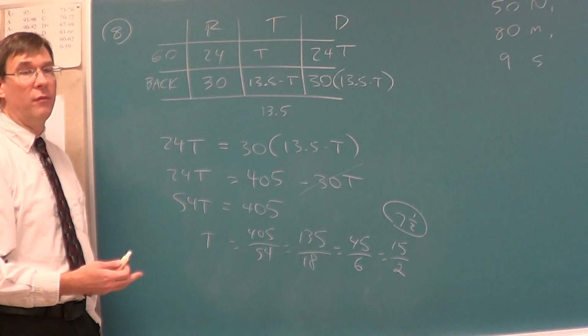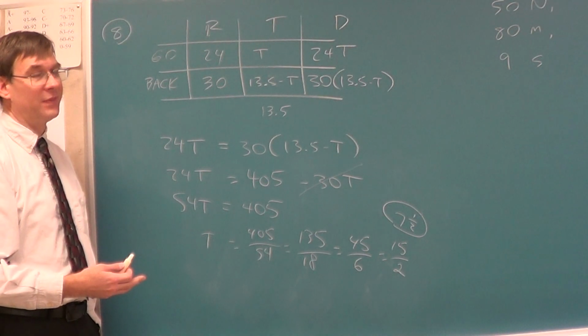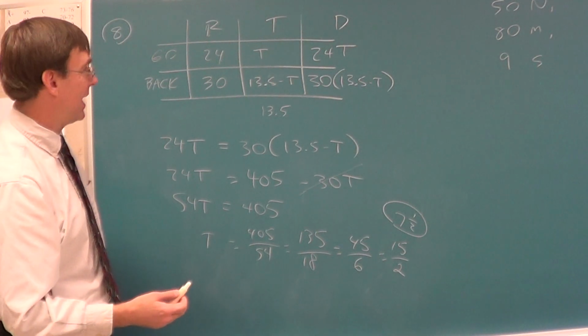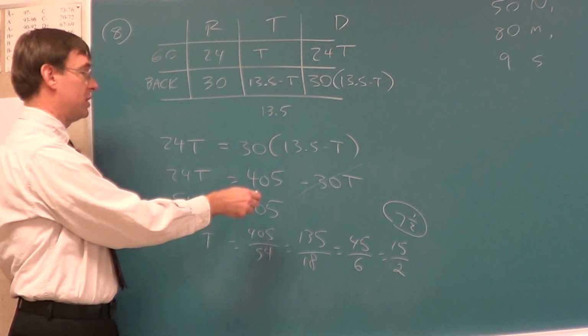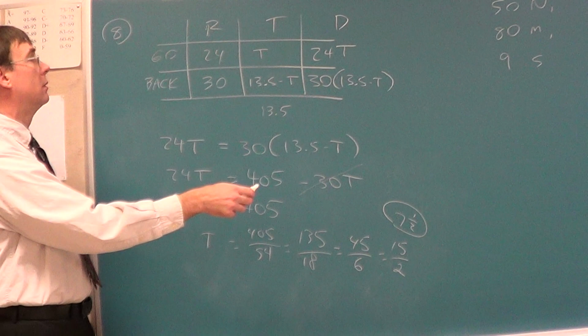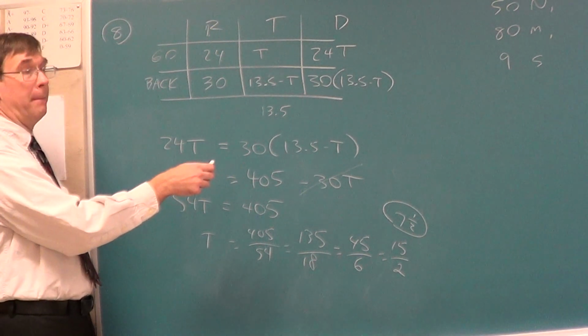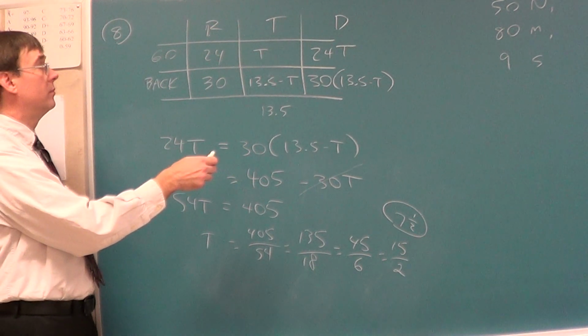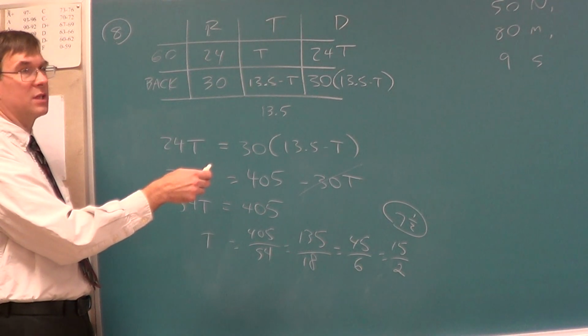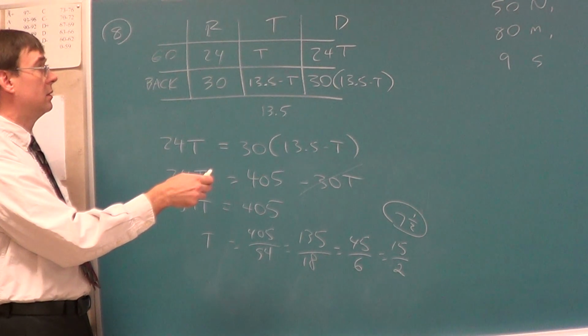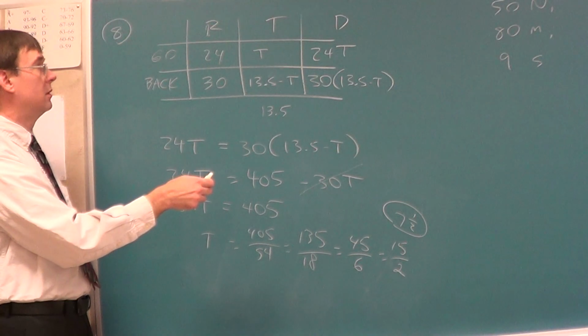Question about this all opposites. Now we've got to see what they asked. If they asked us, well, what does the t represent? Time for what? Time to go, time to come back, time total.